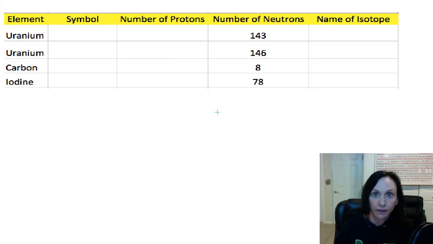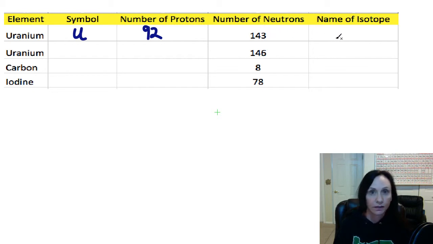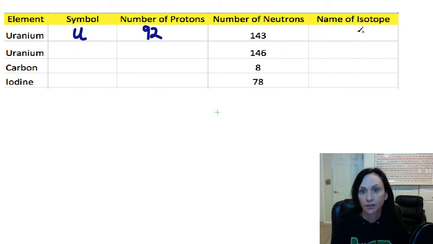I will now have you practice by filling in the following chart. I will help you do the first one. Uranium. The symbol for uranium is U. The number of protons, 92. The number of neutrons is given, 143. The next thing to do is to name this isotope.